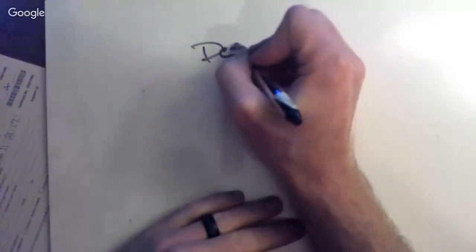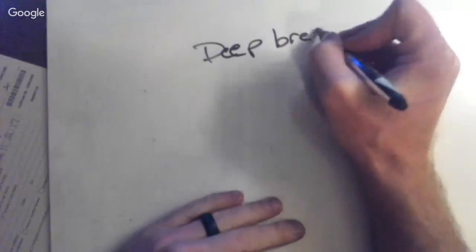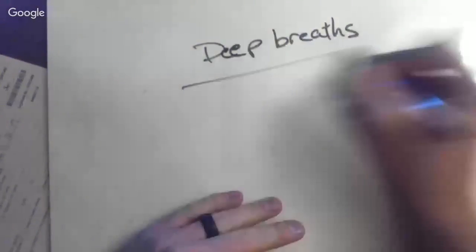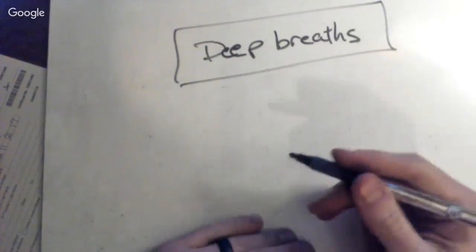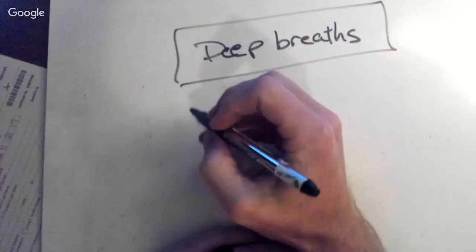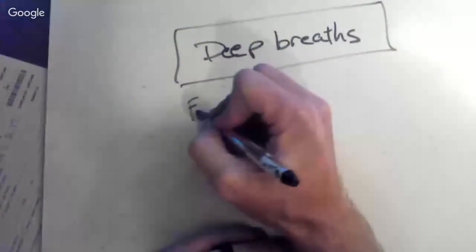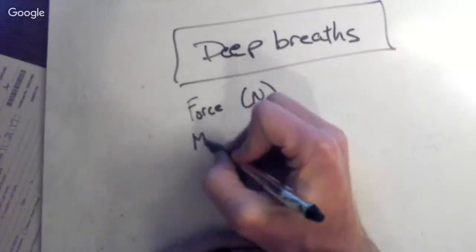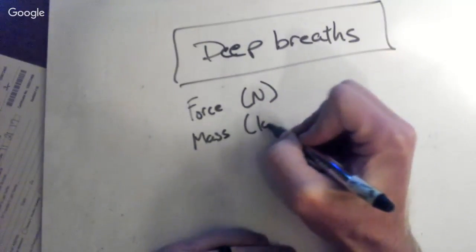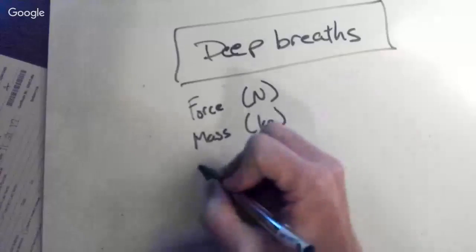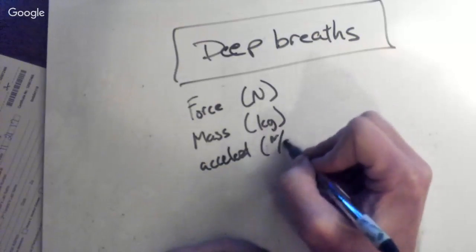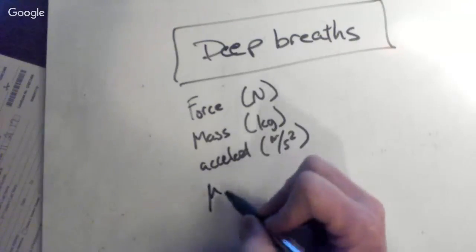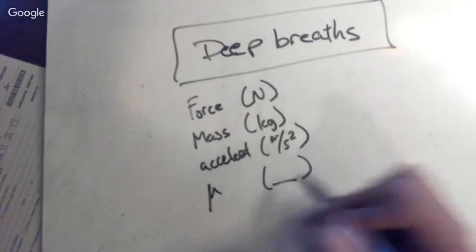Okay, so guys, deep breaths. Deep breaths. Every single question on the test is solvable. Okay, make sure that you keep straight that force is in newtons, mass is in kilograms, acceleration is in meters per second squared, and mu's are unitless.